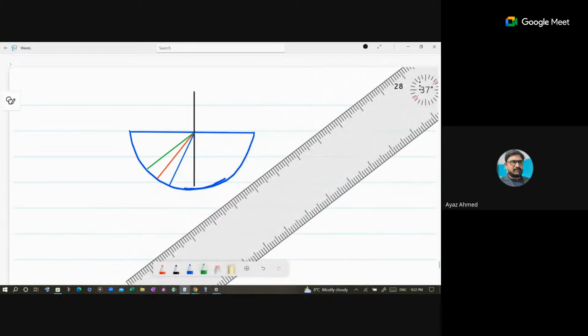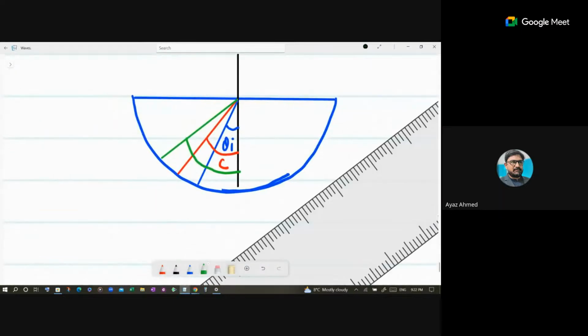So remember this thing. This blue one is the angle, let me call it theta I. This red one is your critical angle, let me call it C. And this green one is another angle theta I. So if I write the conditions over here, this is theta 1 and this is theta 2.